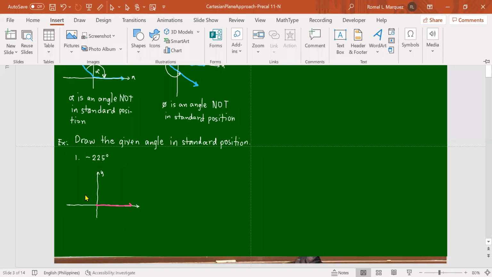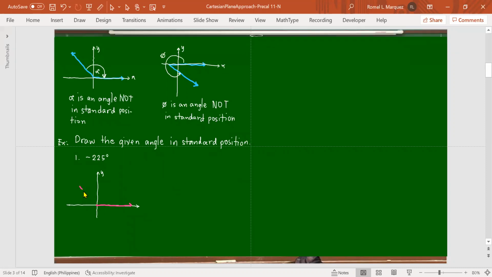Plus 45. Since it is clockwise, it's negative. So it is in between the negative x-axis and the positive y-axis. So here. That is the approximate sketch.